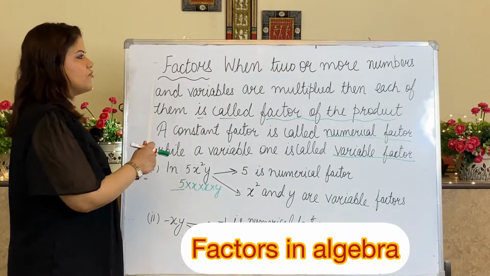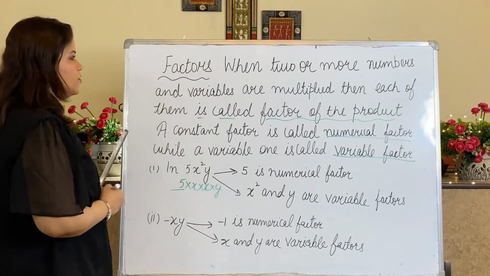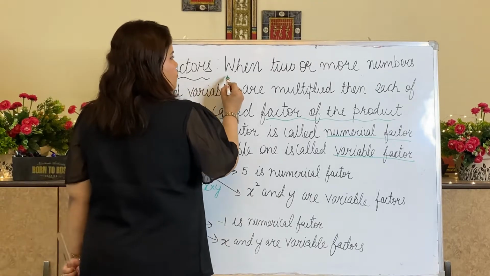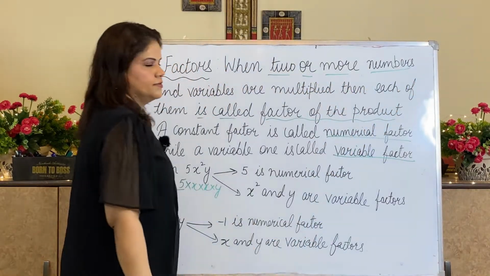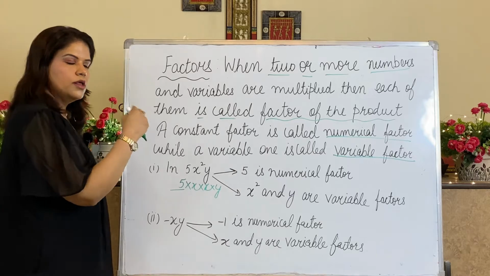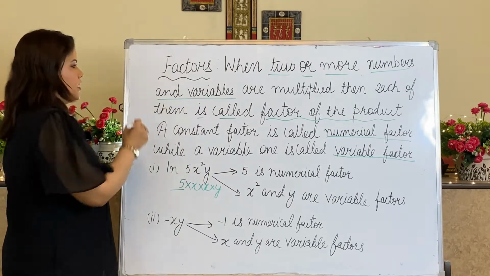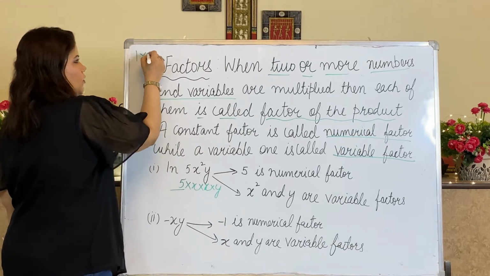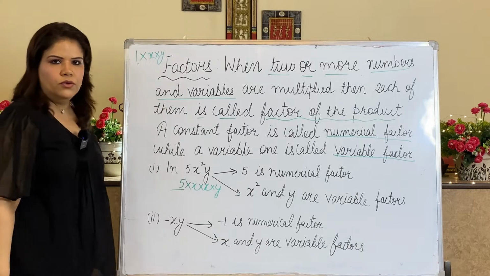Now I am taking factors in algebra. For the factors, we have two or more numbers and variables, like I am saying 1 into x into y. It's more than 2.